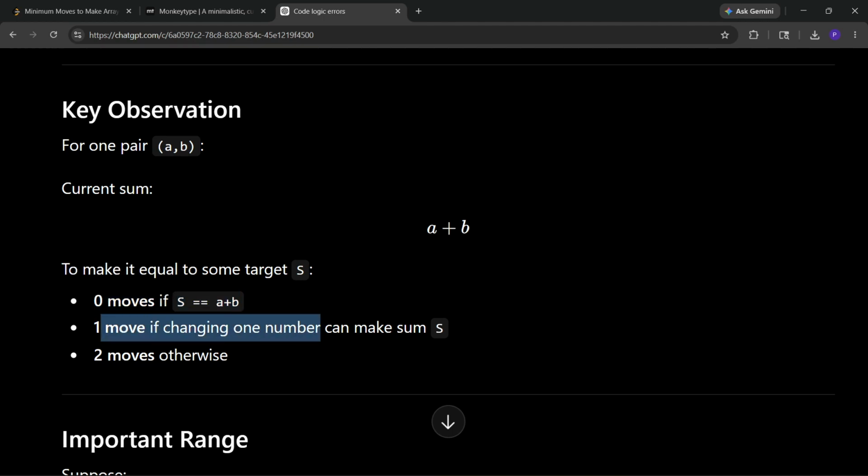One move is changing one number can make some S. Two moves otherwise. Use an application report. Okay.